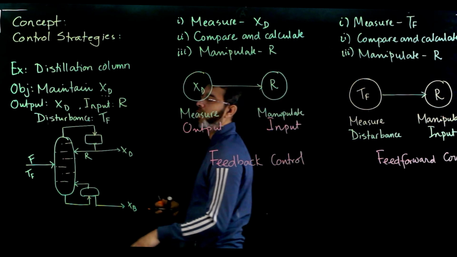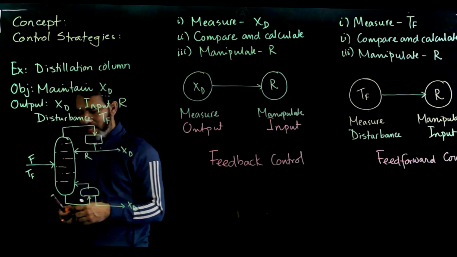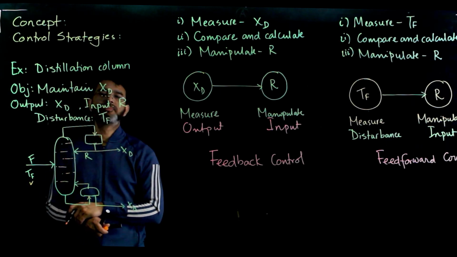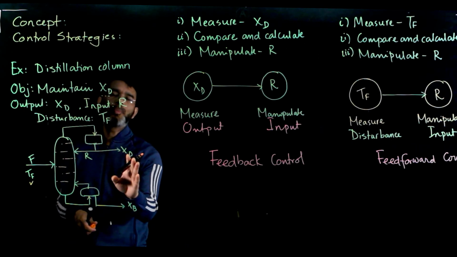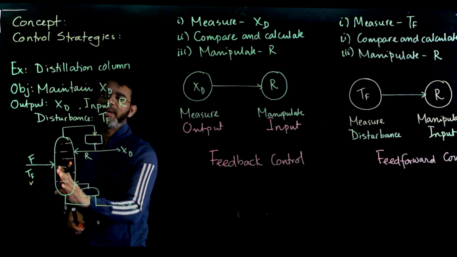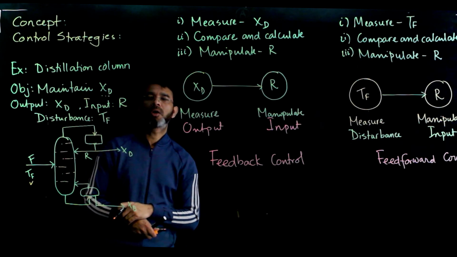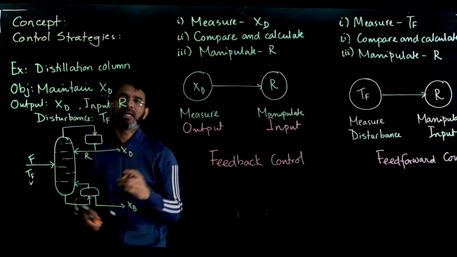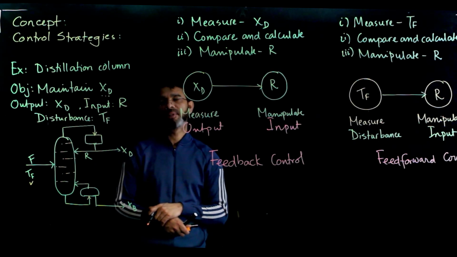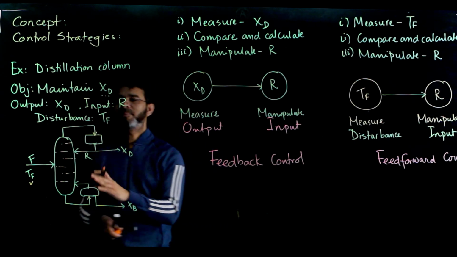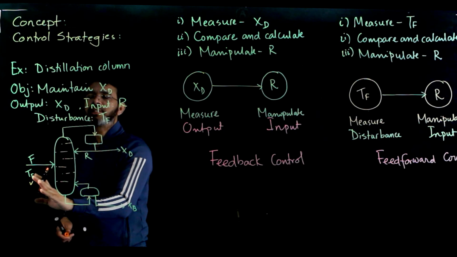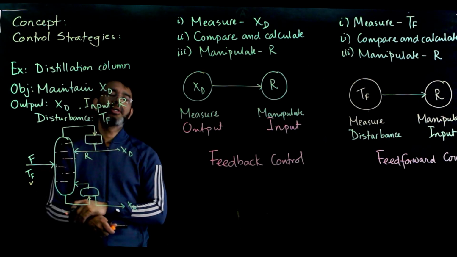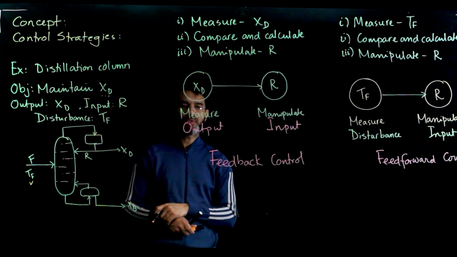Suppose for a distillation column, a change in the feed temperature may affect the output, but that can take place, depending on the size of the column, after 10 minutes, 20 minutes, 30 minutes or so. If you anticipate the change, why wait for that time? Instead you can measure the disturbance and take action before the output is changed.